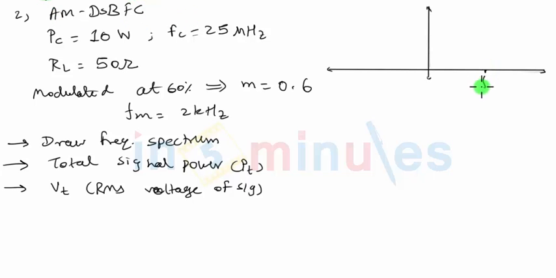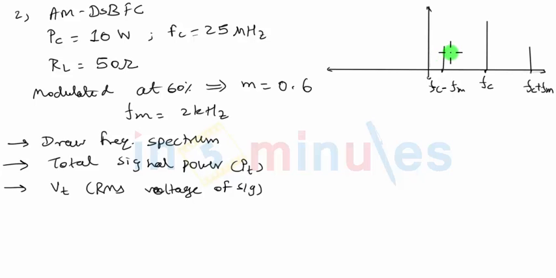The very first frequency is always the carrier frequency itself. The second frequency on the right hand side will be FC plus FM, and one frequency before that will be FC minus FM. These are the carrier frequency, upper sideband and lower sideband frequencies. The amplitude of the carrier frequency, and hence its power, will be maximum, and the amplitude of the upper and lower sideband frequencies will be small compared to the carrier.